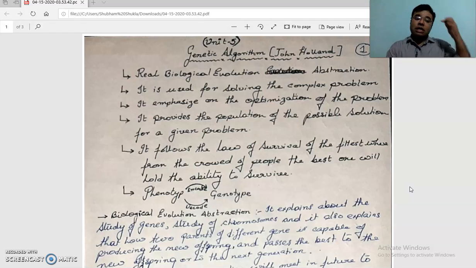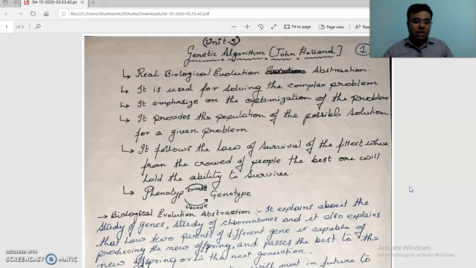So suppose we are having a large population space, and over that large population space we need to find the exact or optimized data.